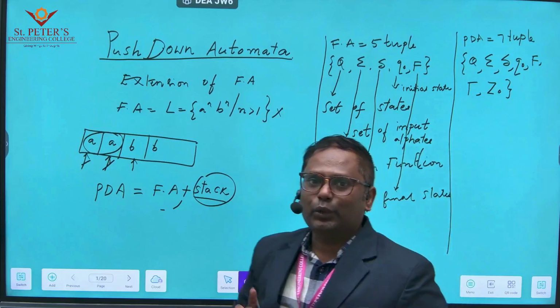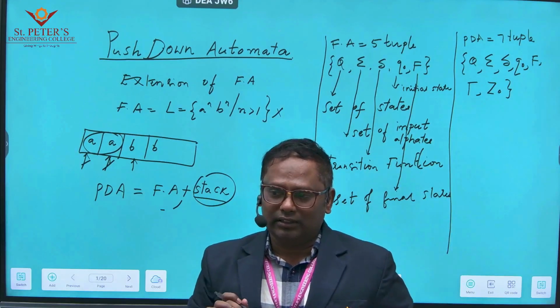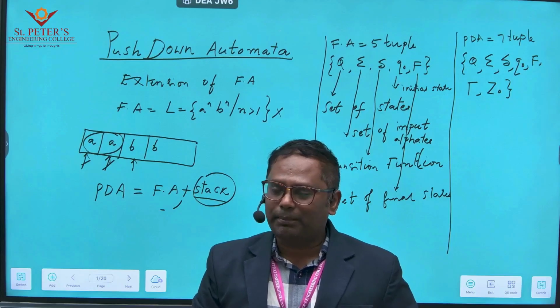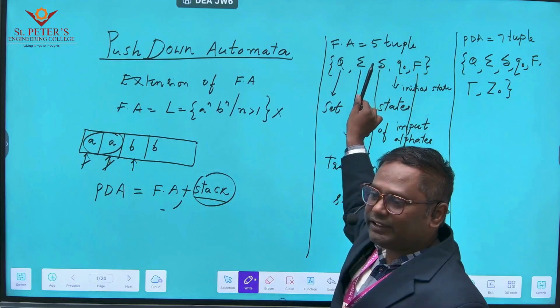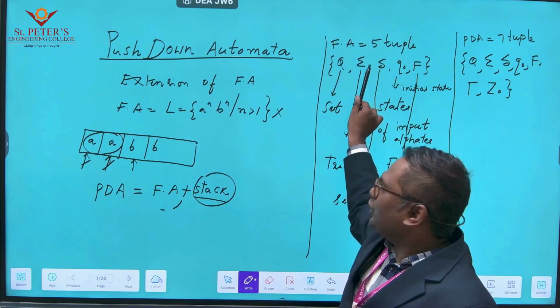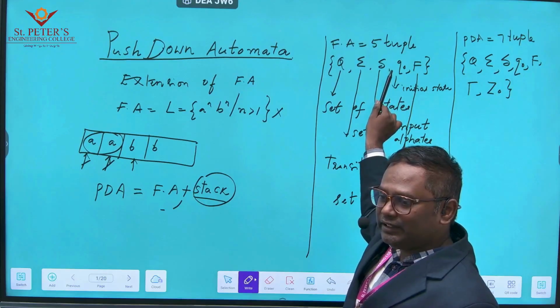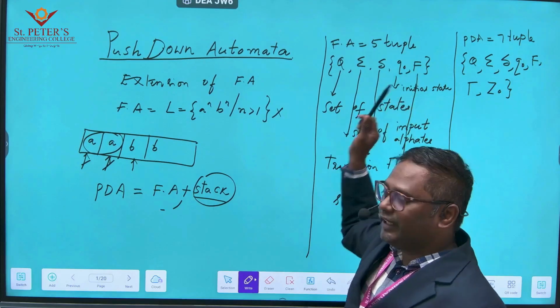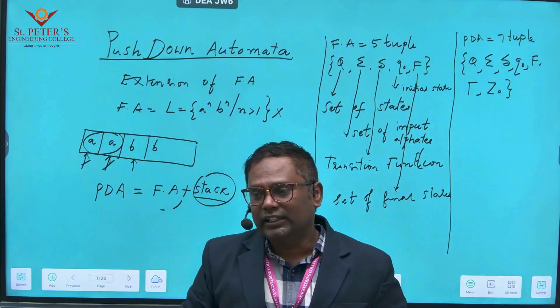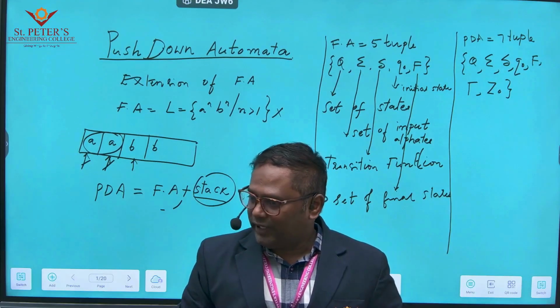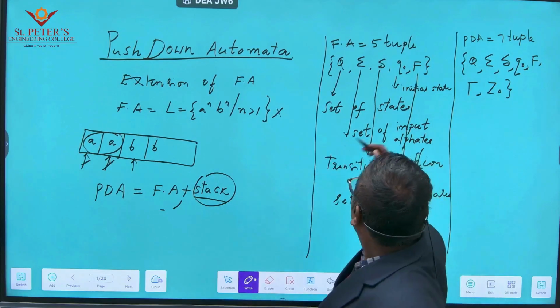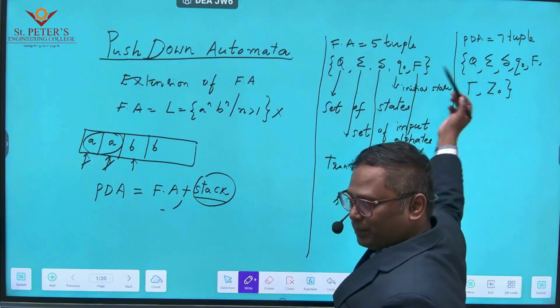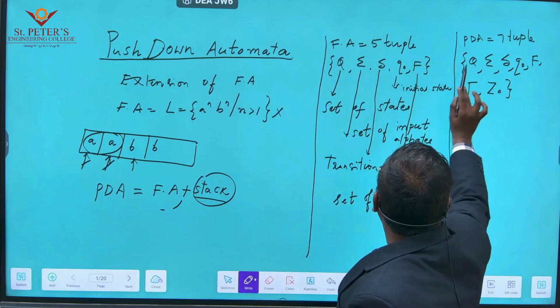So capital Q indicates the set of states, sigma indicates the set of input symbols, delta indicates the transition function, Q naught indicates the initial state, and F indicates the set of final states. A finite automata can have a single initial state and any number of final states. For push down automata, all these 5 tuples are common.